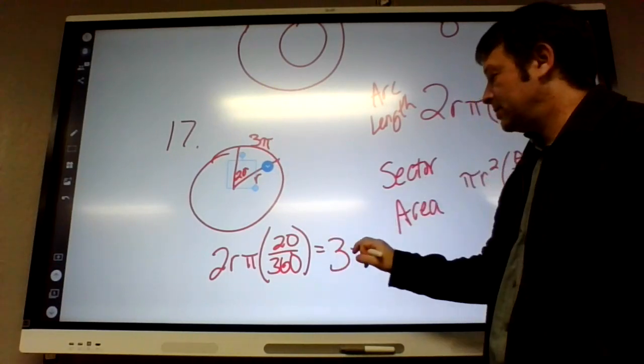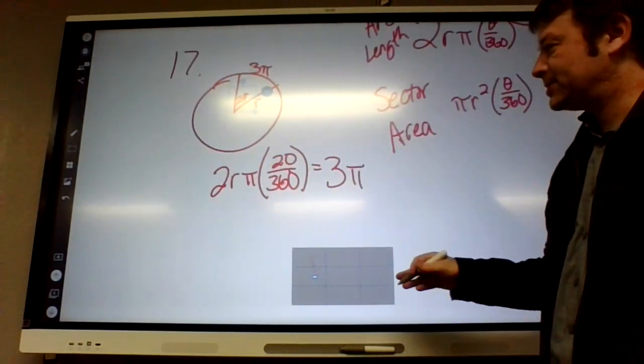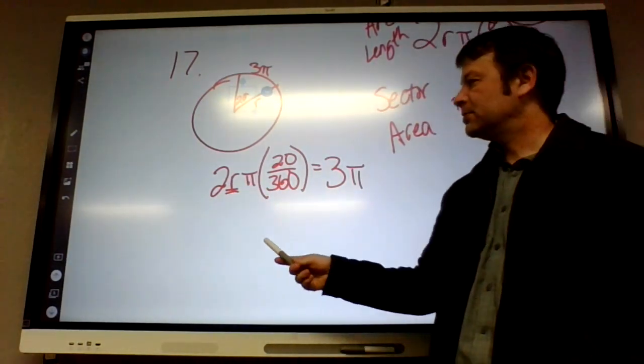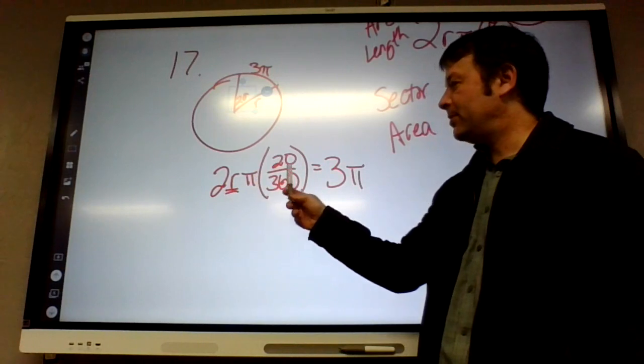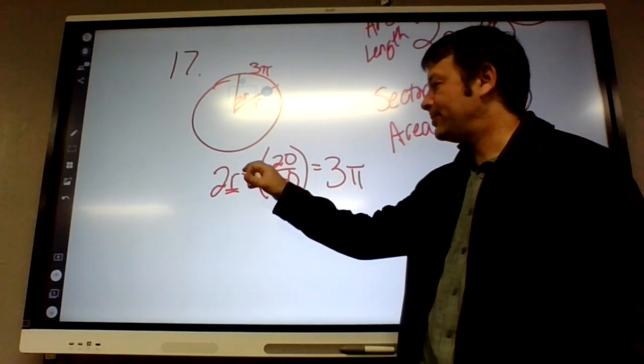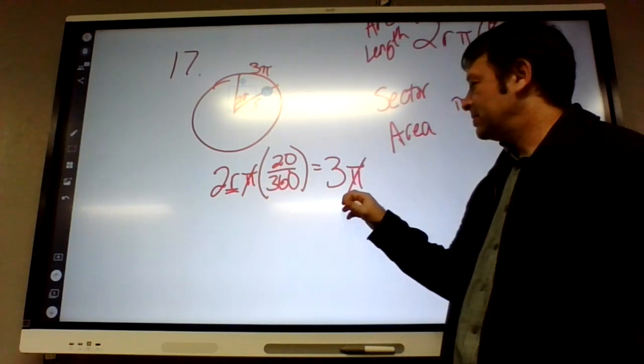Now we need some algebra skills. How do I solve this for r? I want to get rid of all this stuff and just get r. If I divide by pi, the pi goes away.